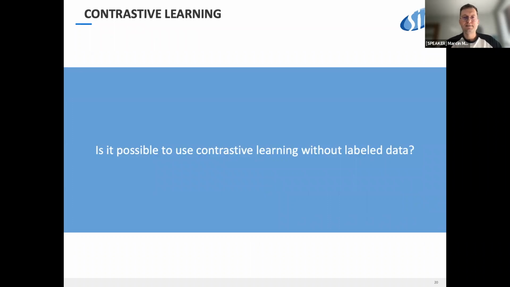Okay, so far it may seem like contrastive learning might be applied only in the supervised setting because we need to know the labels to create positive and negative pairs. But this is luckily not true, and we may apply contrastive learning also in the unsupervised setting.